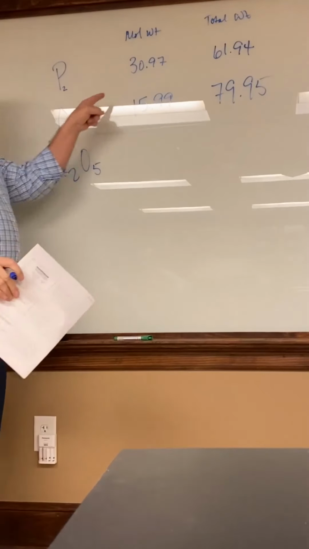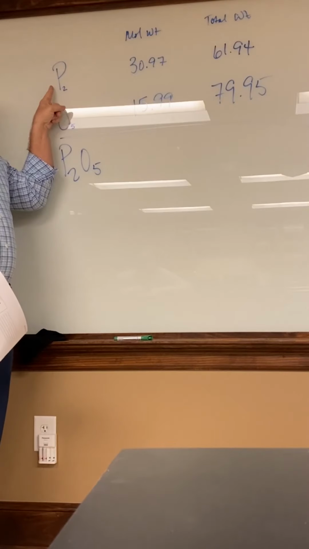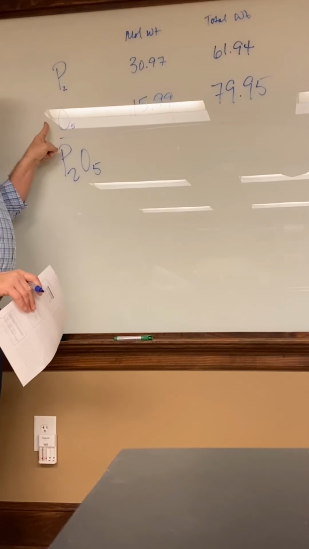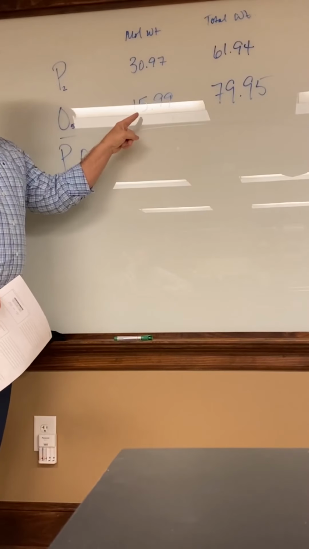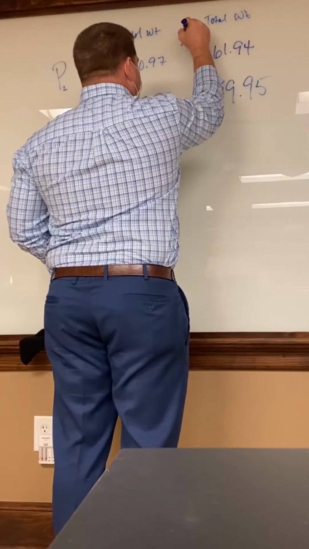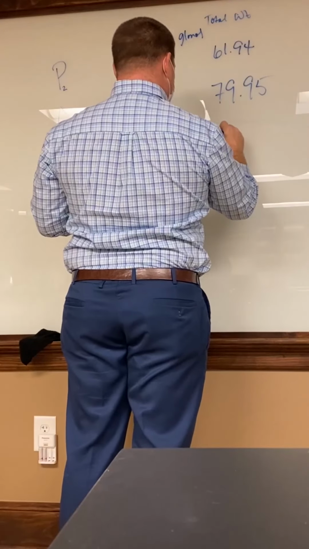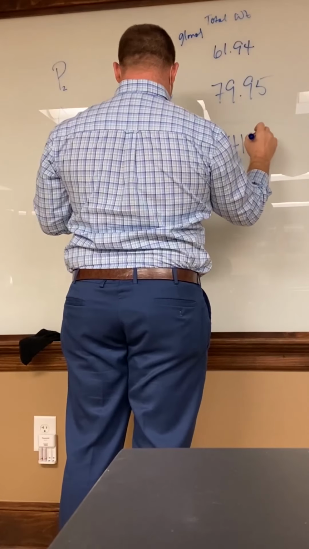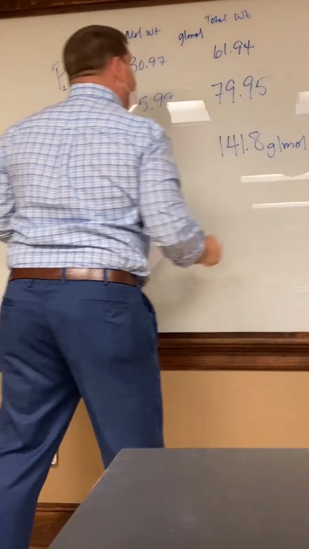I just got that by multiplying the molecular weight of phosphorus times the number of phosphorus atoms in the molecule. Oxygen, there are 5 in P2O5, times 15.99 gives me the weight. This is in grams per mole. When we add all that up, the molecular weight of P2O5 is 141.89 grams per mole.